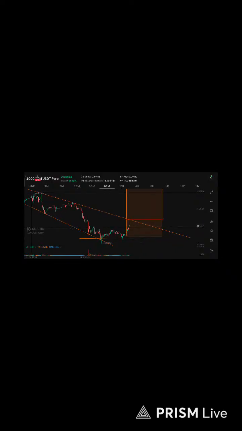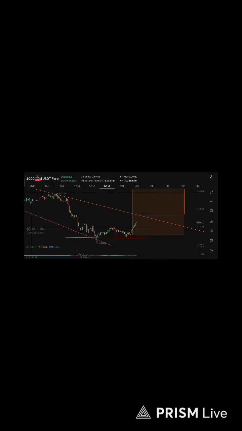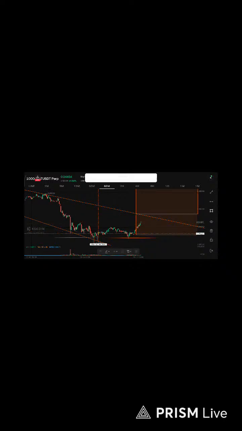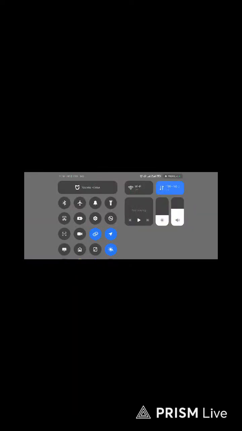And what are the confirmations? The first one is a trend line. The second one is the formation of this pin bar that's about to take place. Remember, our token is 1000 CAT USDT, right?